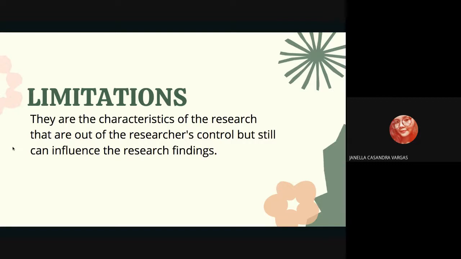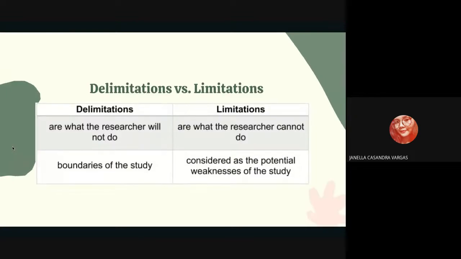I also added this one because you can also include the limitation of your study on your paper under the scope and the limitation. And also, there's still misconception and misunderstanding about the delimitation and limitation of the study, kasi. So, to lessen the confusion about these two, I just want to briefly discuss what their difference is.